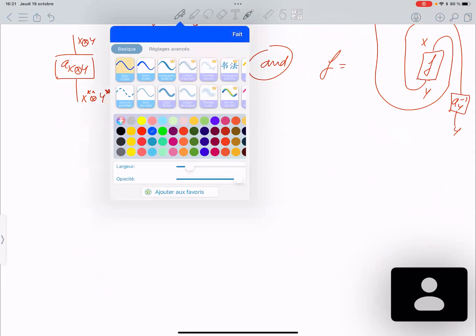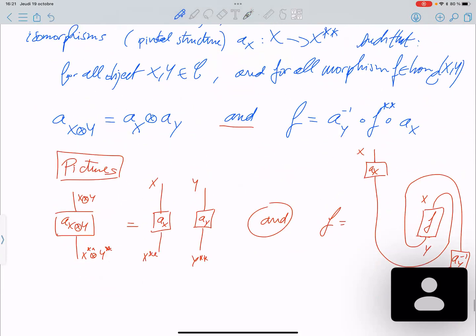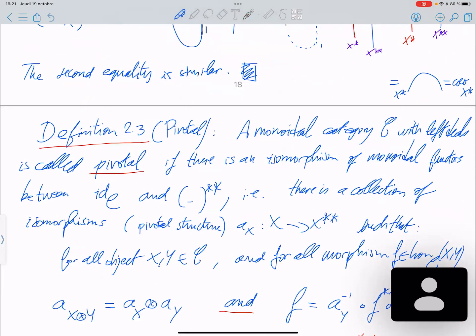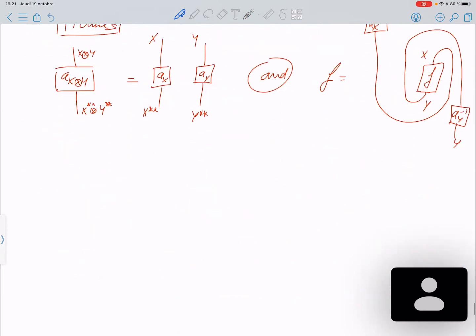Now, we define pivotal structure for a monoidal category with left dual. But in fact, the pivotal structure implies the existence of a right dual, which means that the category is rigid.